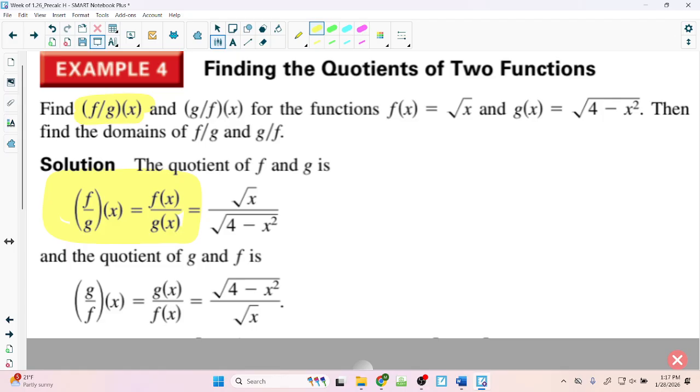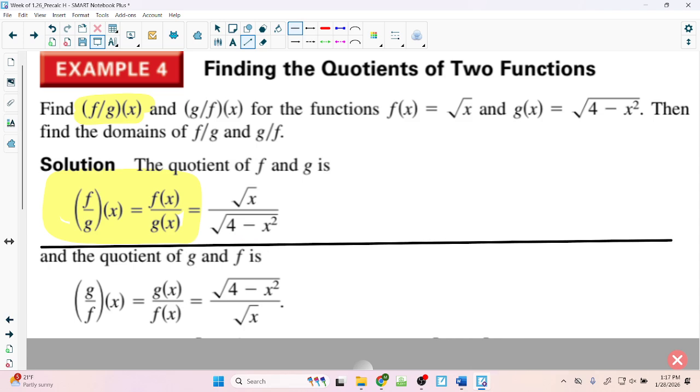Now they want us to find the domains of them. This is going to be a bit of a hassle. I hate to say it, but it is. We have to focus on the square roots, and we have to focus on the denominator, because none of that's really ideal. This is where the real action is. Let's talk about the top function and just deal with its domain for now.